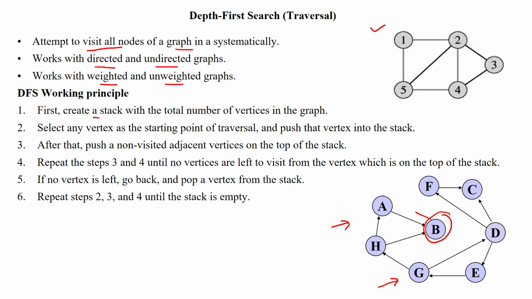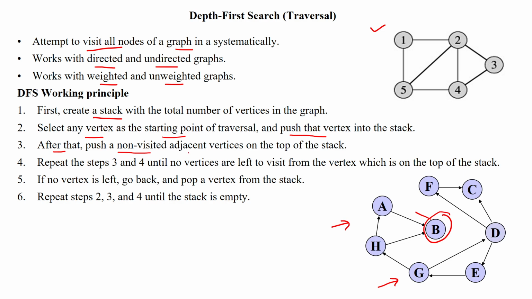Here we can use a stack for storing the vertices in the given graph. We can select any vertex as a starting point of the traversal and push that vertex into the stack. After pushing that selected vertex into the stack, we have to identify non-visited adjacent vertices.